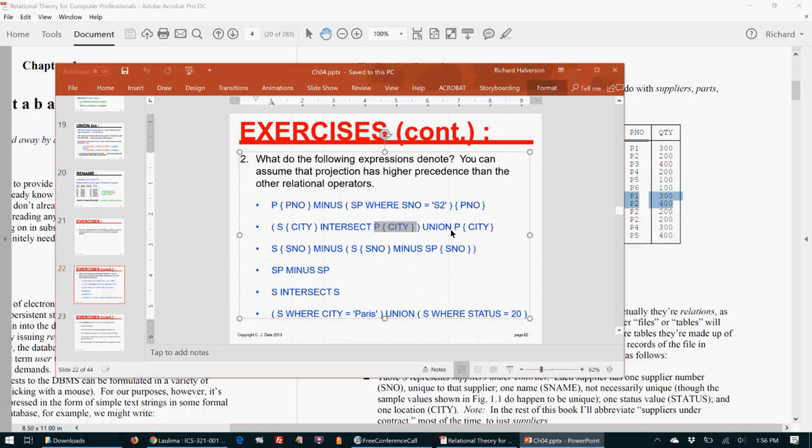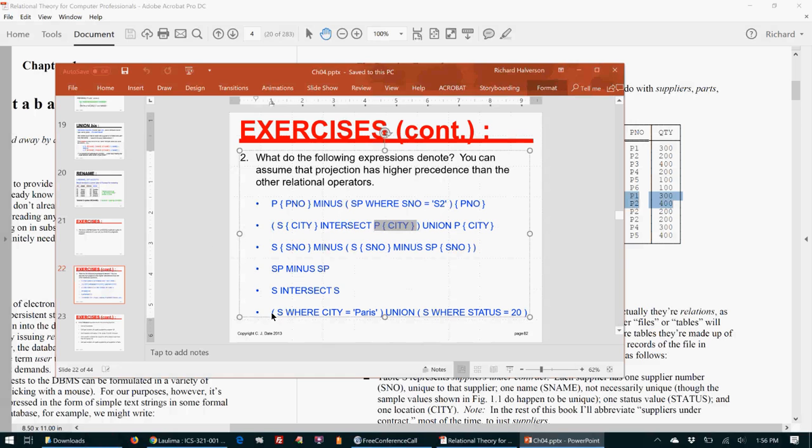And then it unions it with all the cities in P. It seems like that's demonstrating something like the identity operator or some crazy thing. Okay. Anyway, you get the idea.